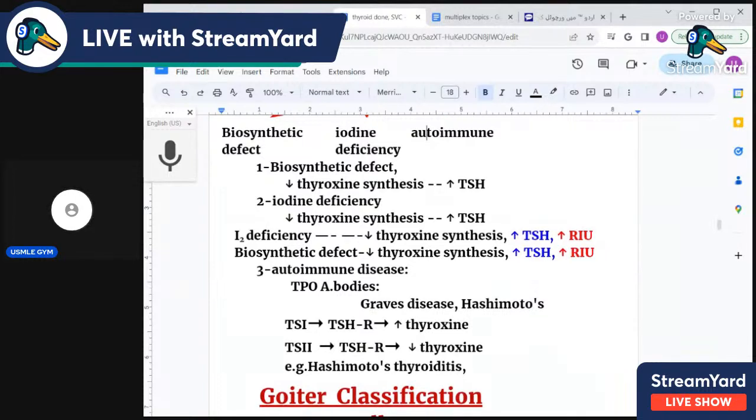The biosynthetic defects and the iodine deficiency have in common decreased thyroxine, increased TSH, and increased radioiodine uptake. So both of them, iodine deficiency goiter and biosynthetic defect goiter, have increased TSH, increased radioactive iodine uptake, but decreased thyroxine.